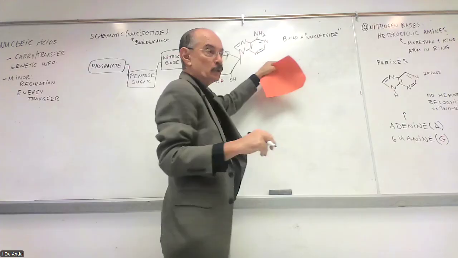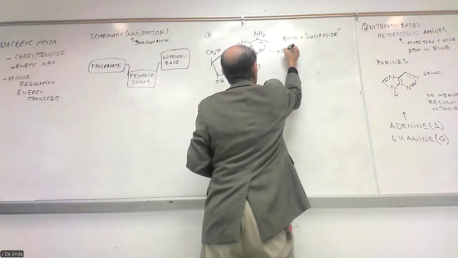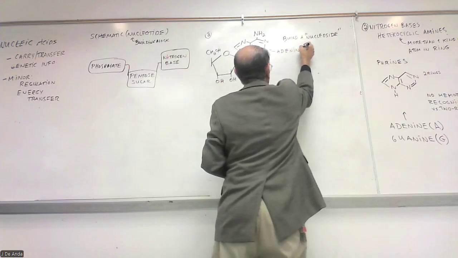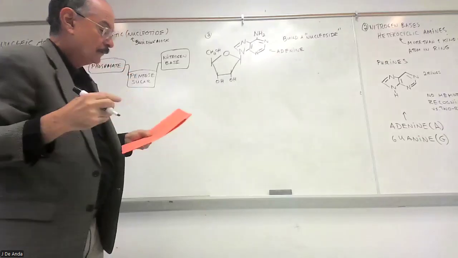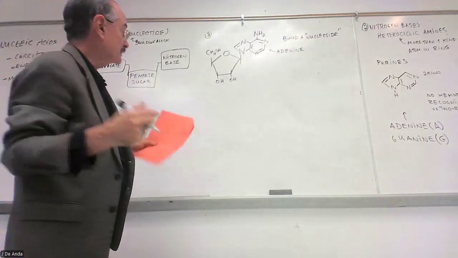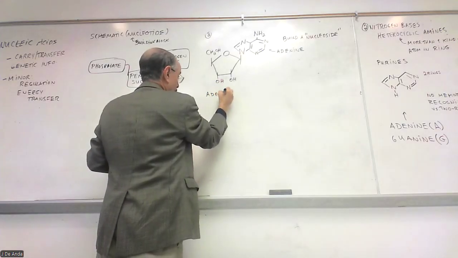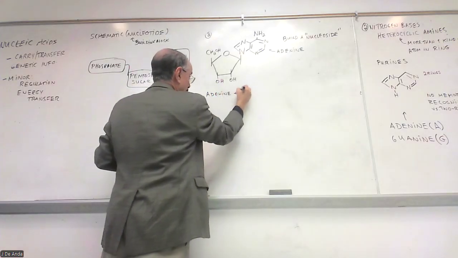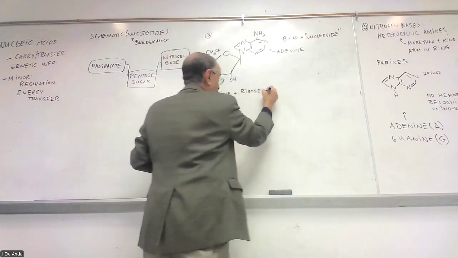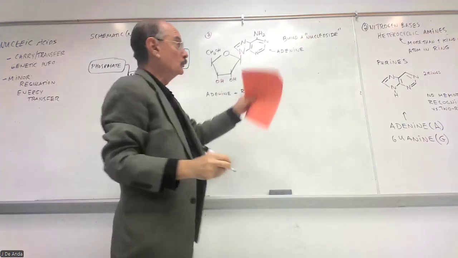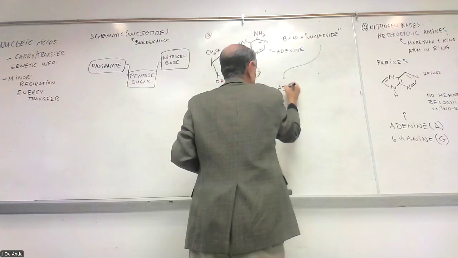Two rings, it's a purine, okay? So specifically, this is adenine. And what we do is we say, if I have adenine plus ribose, I'm going to end up with a nucleoside that we're going to call adenosine.